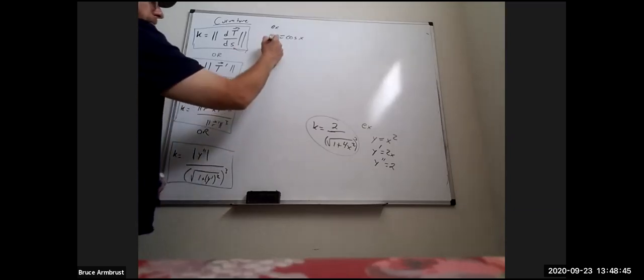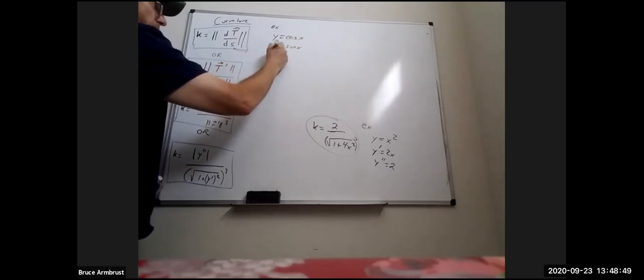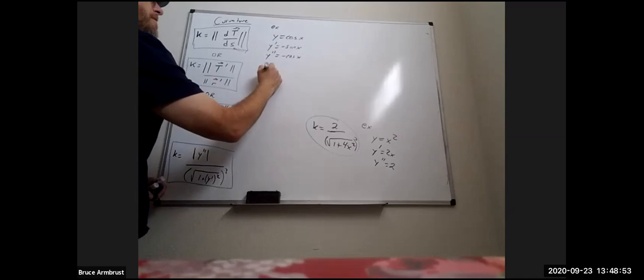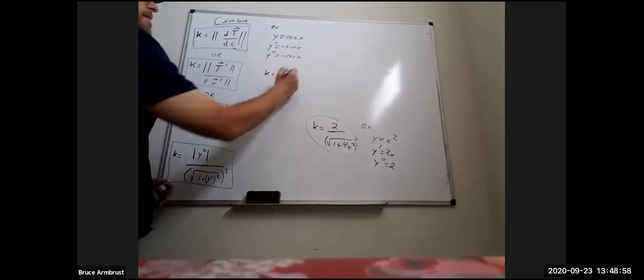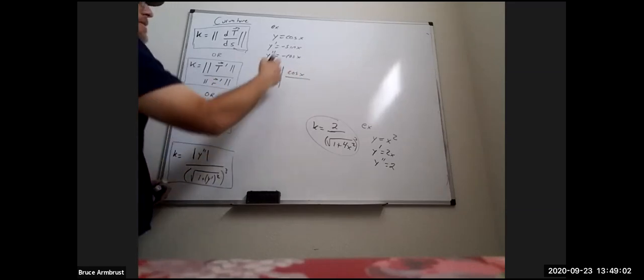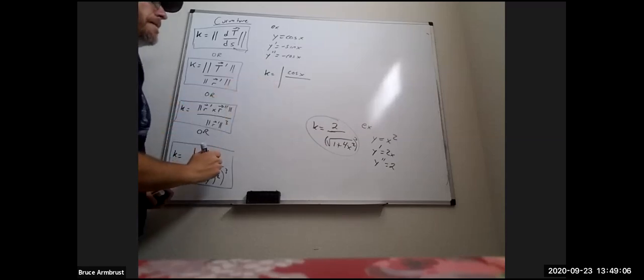So we need y prime, which is negative sine, and y double prime, which is negative cosine. So our curvature is going to be the absolute value of cosine of x. Hopefully you guys are good with me dropping the minus sign since we've got our absolute values.